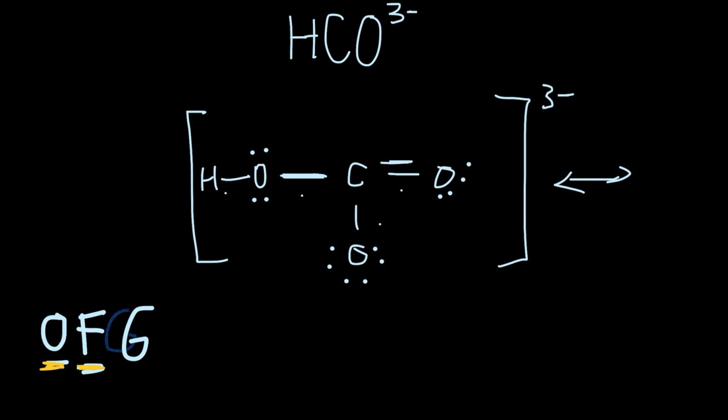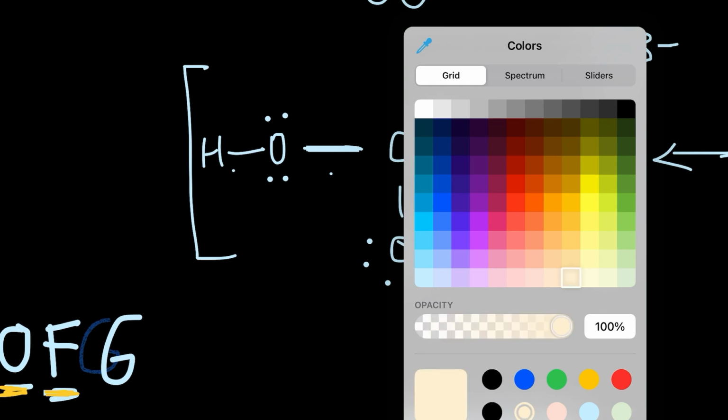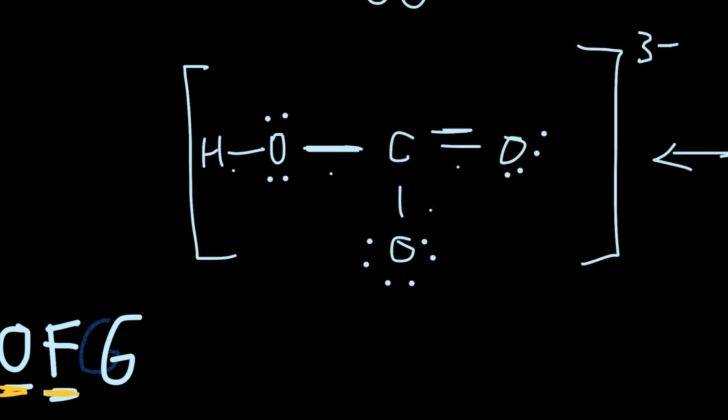So there are several central atoms. What we need to do is look at one central atom that we're going to start with. Oxygen has AX2. The X2 is the surrounding atoms, and there are two lone pairs.